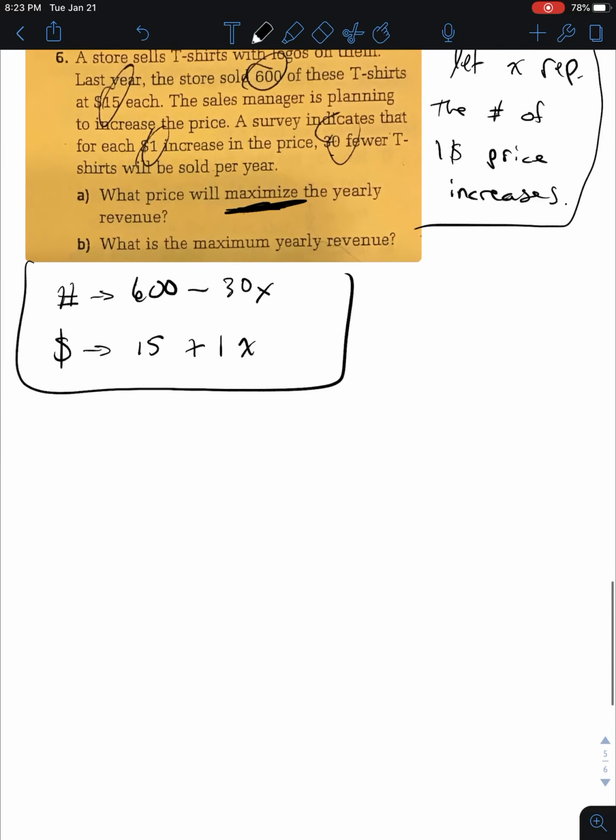That's every time. Every single time you see a revenue question like this, it gets set up like this.